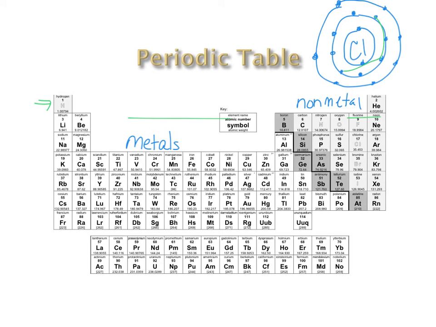Then you have this third row, and it only has 7 electrons on there. Well, these are the orbitals, and chlorine wants that last orbital filled. So it is wanting to add one more electron to give it 8.